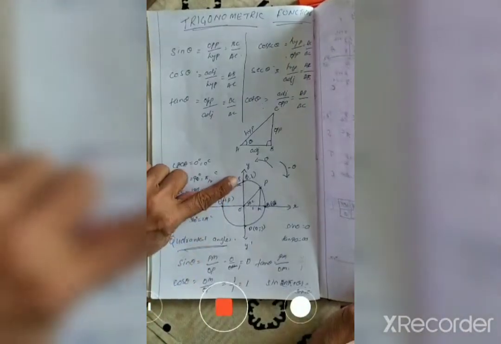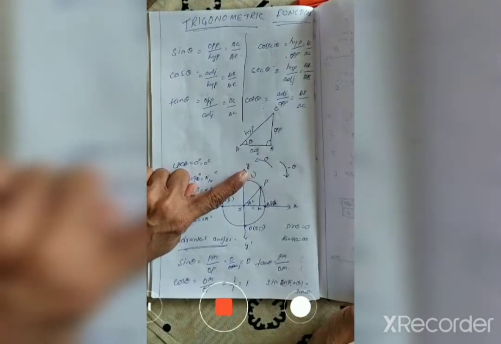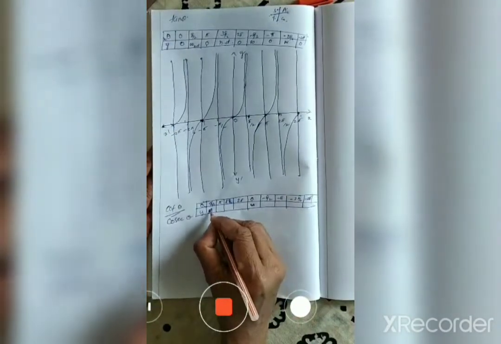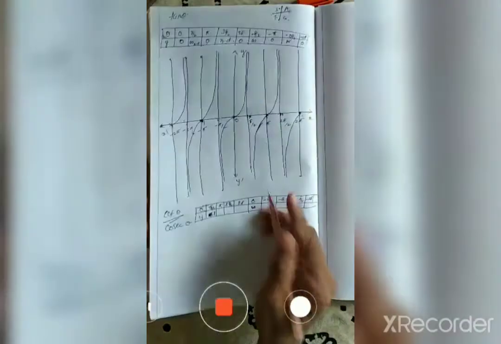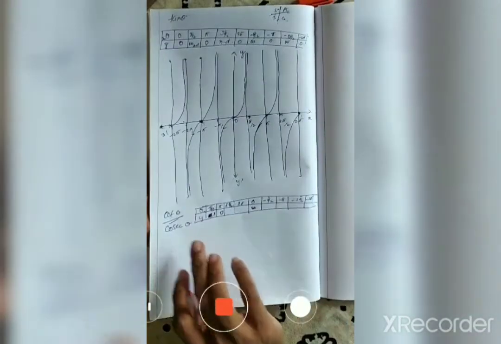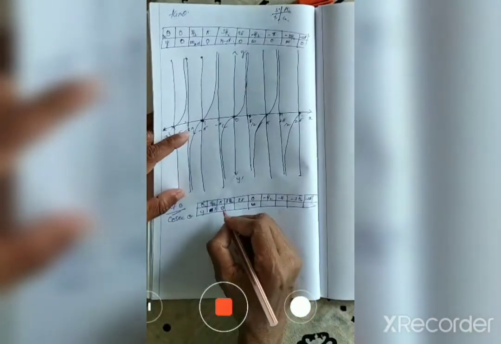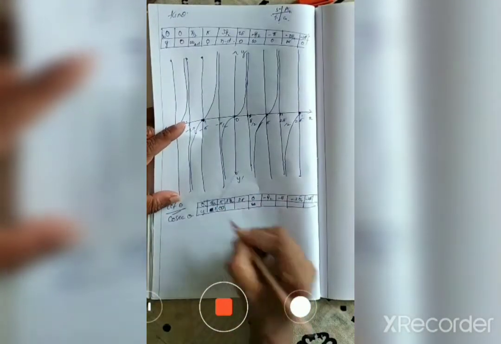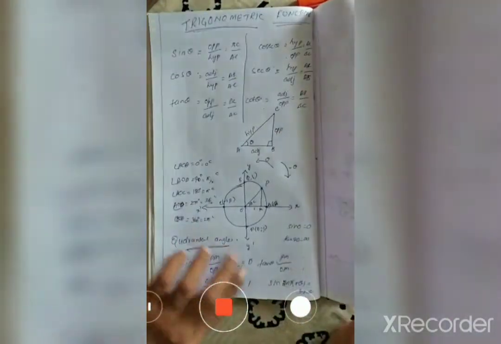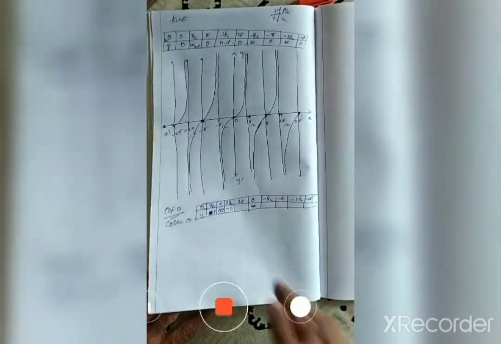Next, cosecant pi by 2 is 1 by 1, just think about the reciprocal of this. 1 by 1 is 1. Cosecant pi is 1 by 0, not defined. Cosecant 3 pi by 2 is 1 by minus 1, minus 1.